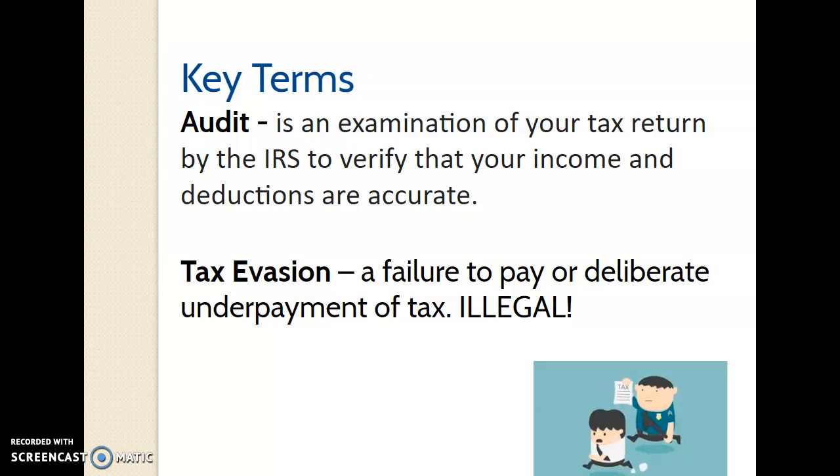So sometimes it can be a scary thing when the IRS is auditing you. As long as you're filling out your forms correctly and accurately and truthfully, then you will have nothing to worry about. Tax evasion, though, is a failure to pay or deliberate underpayment of tax. This is illegal, and the IRS will figure it out eventually, so do not do it.